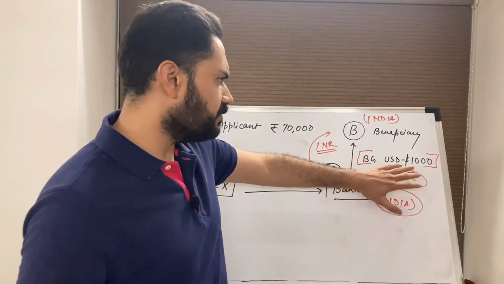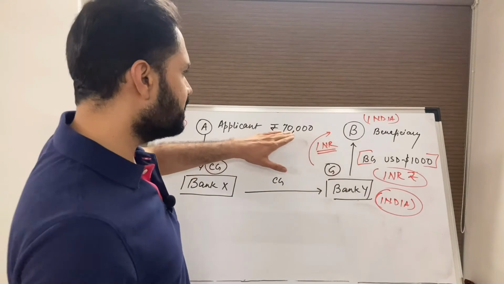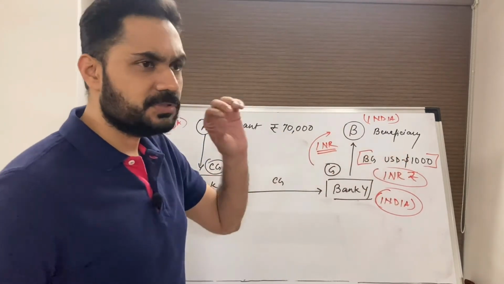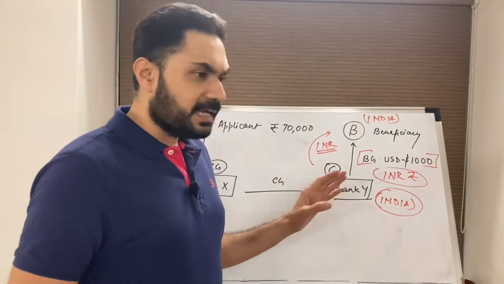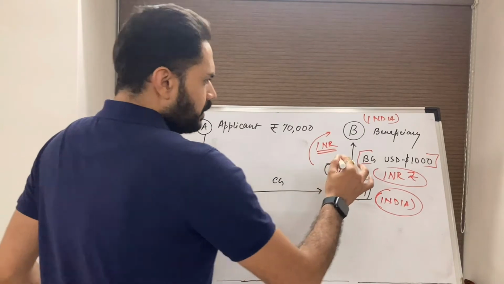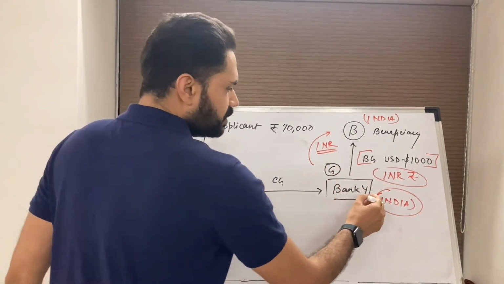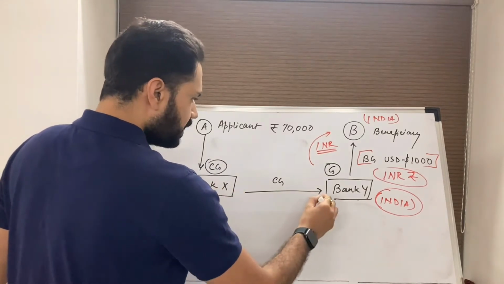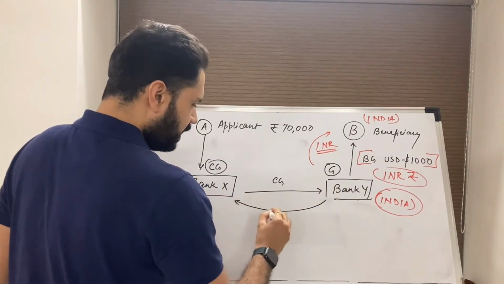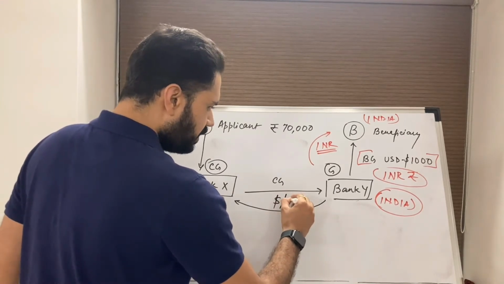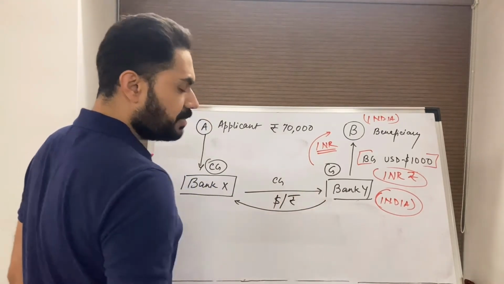Now, the guarantor issued a guarantee for $1,000, and paid 70,000 rupees because USD currency was not available in the guarantor's country. Now URDG gives the option to the guarantor to demand payment from the counter guarantor either in USD or in the currency in which payment was made.